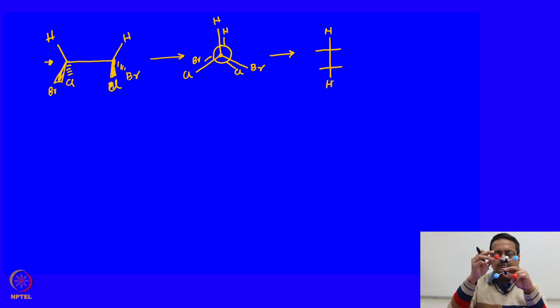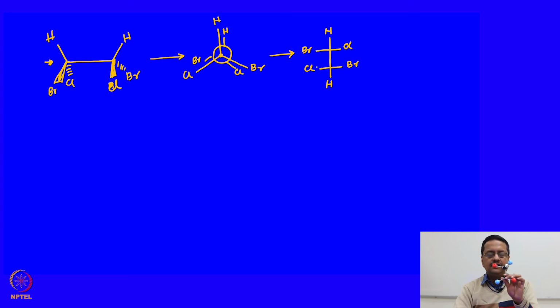Now, on the top carbon you have bromine on the left and chlorine on the right. On the bottom carbon you have chlorine on the right and bromine on the left. So, this becomes the Fischer projection of the other stereoisomer of that particular compound.